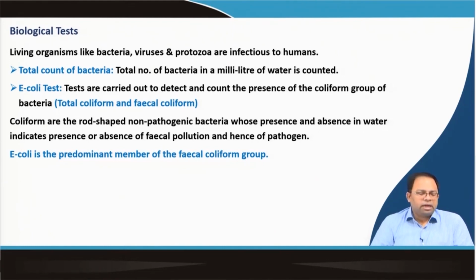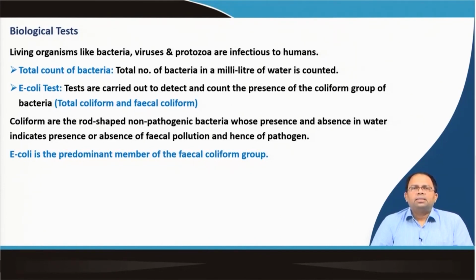And we also conduct the E. coli test, where we detect the presence of the coliform group of bacteria, where both total coliform and fecal coliform bacteria are measured. As we have discussed earlier, coliforms are non-pathogenic bacteria. These are rod shaped, but the presence of this bacteria indicates there has been fecal pollution, and hence because of fecal pollution there may be other pathogens, right.